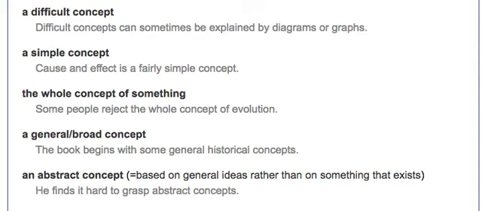A simple concept, cause and effect, is a fairly simple concept. I don't know. Lots of people get confused about cause and effect. The cause comes first, the effect comes later.